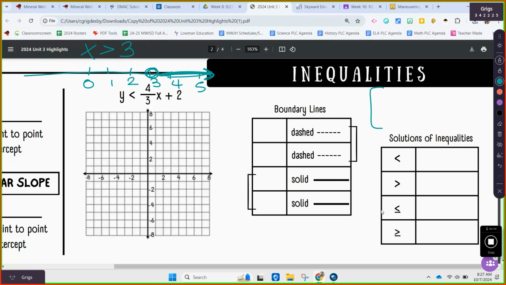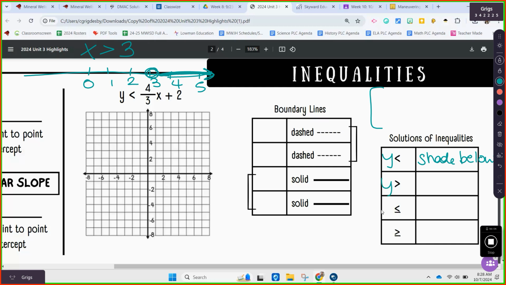Now when we're dealing with less thans, we always read it left to right, correct? So if I had y is less than, then I'm going to shade below. If my y value is less than my slope-intercept, I'm going to shade any value below that point. How would I read this one?